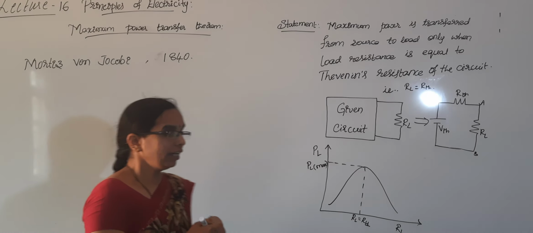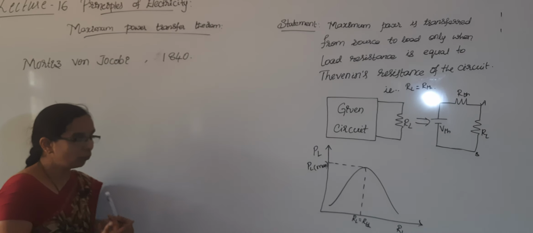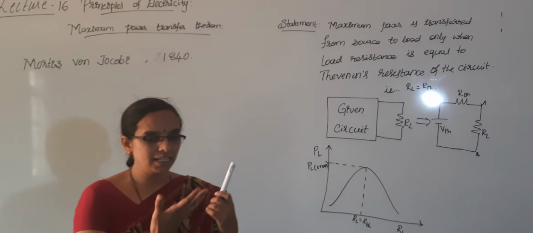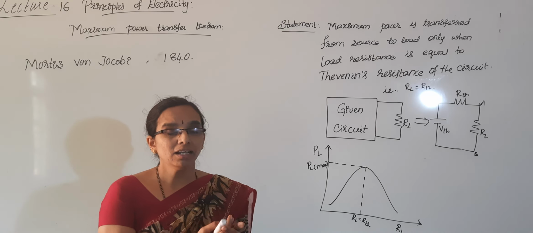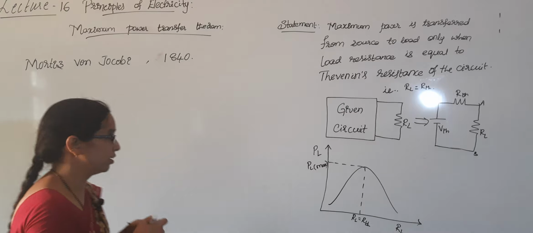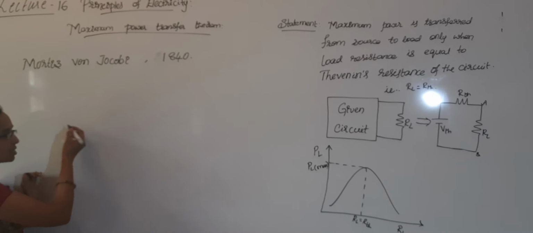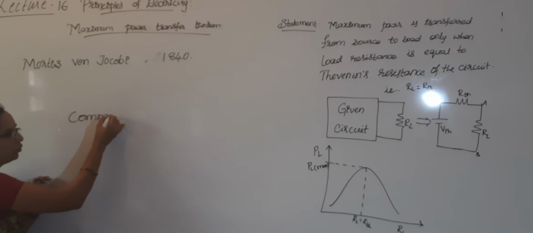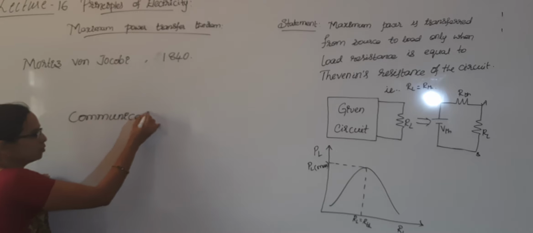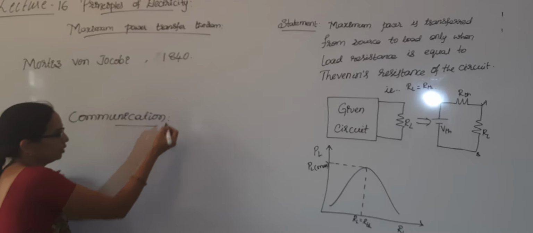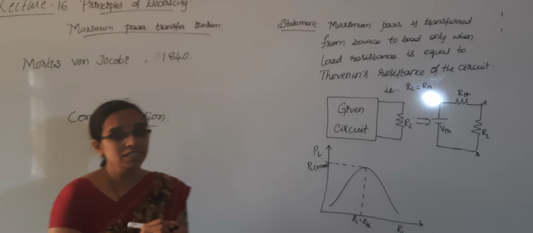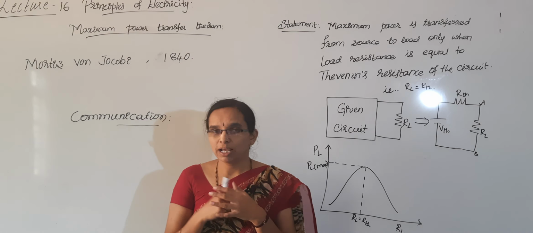So to know why maximum power should be transferred, we will take an example of communication. Communication, this may be new for you people, is the transfer of information from one place to another place.